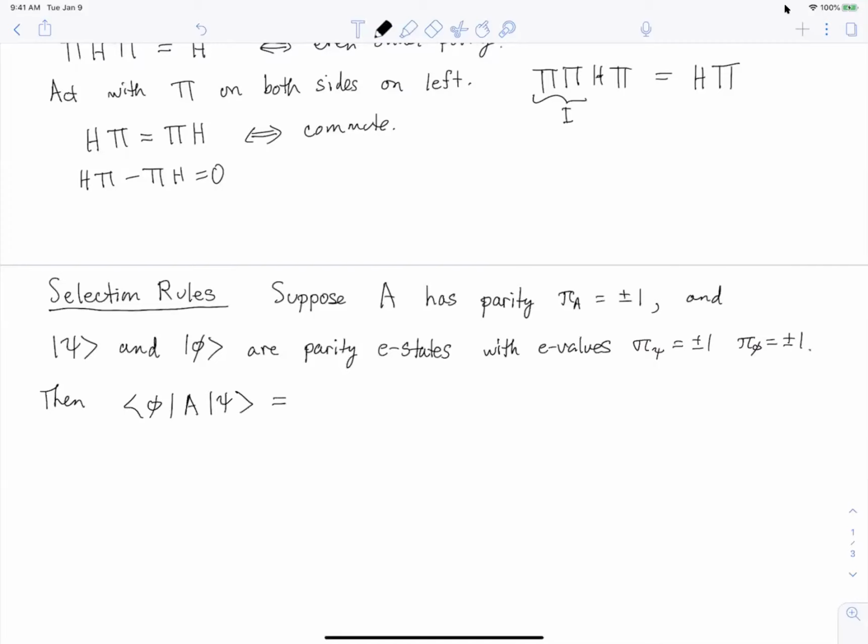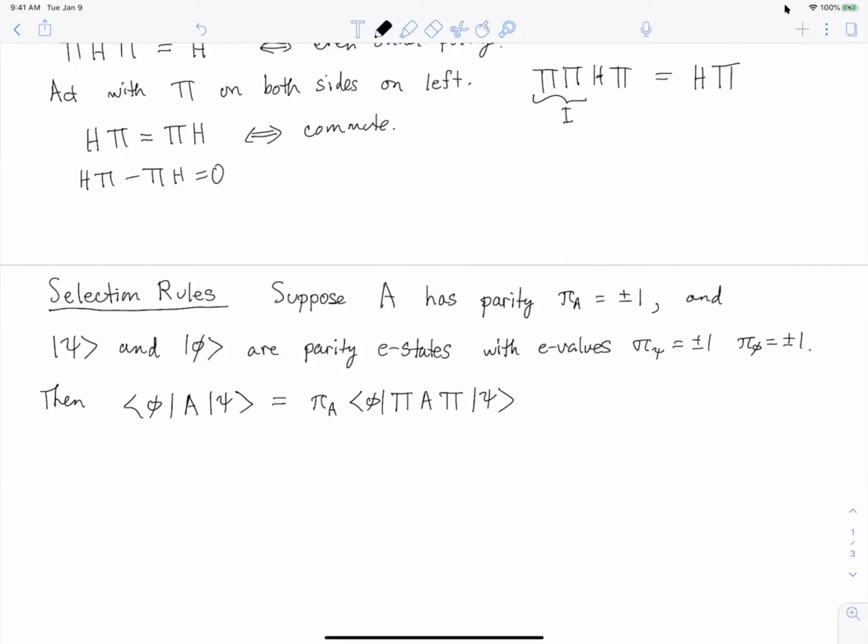Okay, so the first thing we can do is change the A into a pi sub A by putting parity on either side of it. So there I've just used this fact.